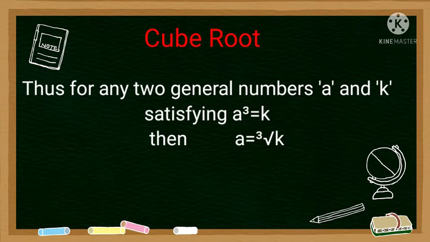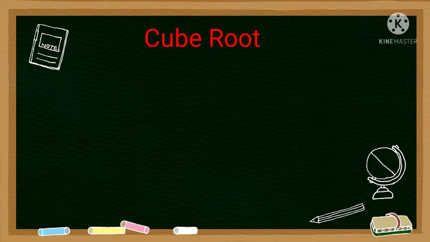Thus we can conclude that for any two general numbers a and k satisfying a cube equal to k, a is equal to cube root of k. Thus the cube root of any number k is that number which when multiplied with itself up to 3 times gives the number k. Let us understand it with the help of an example.